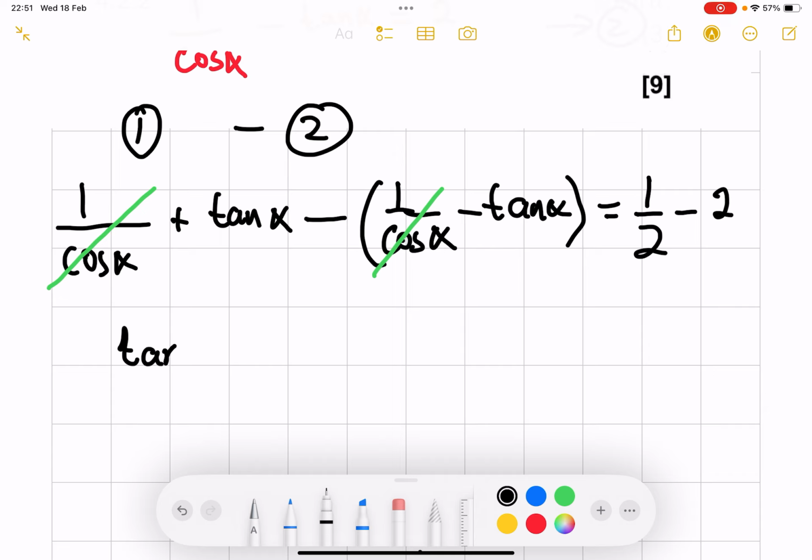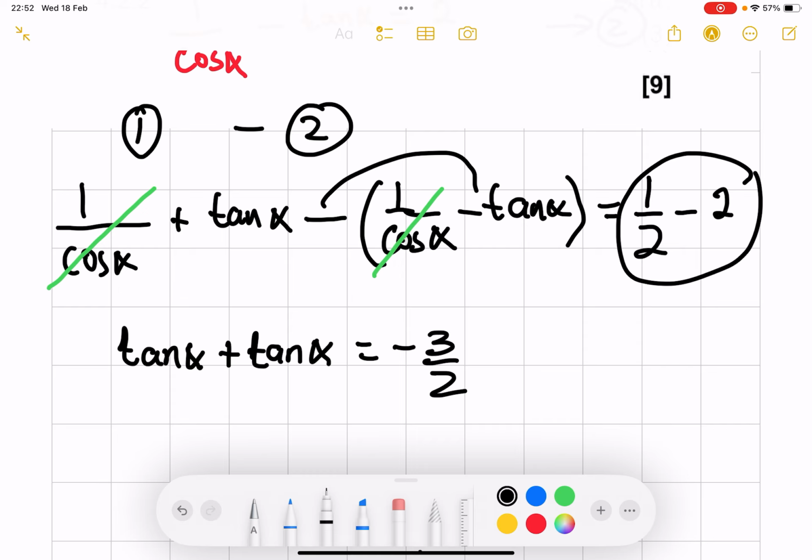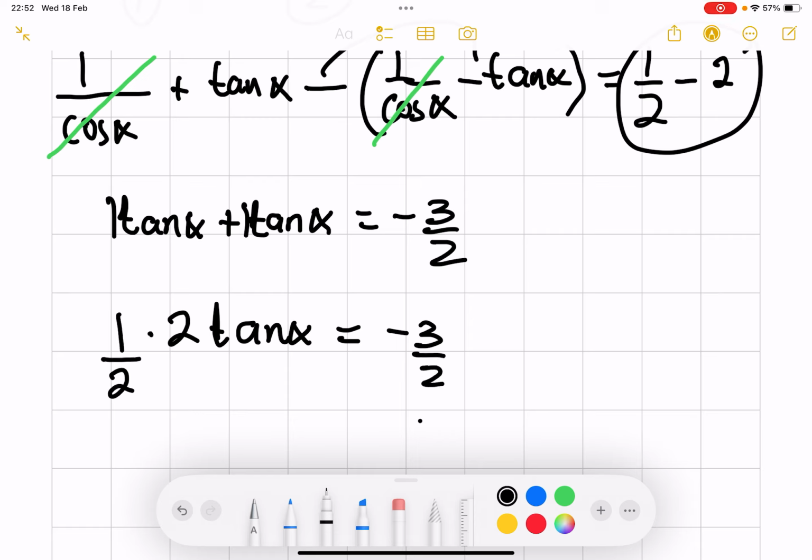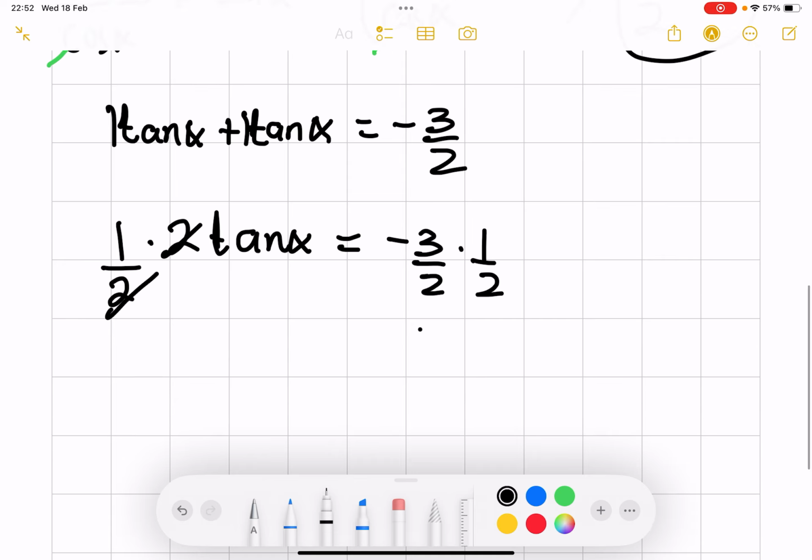Then I'm left with tan alpha. This one and that one will be plus tan alpha, which is equal to negative 3 over 2. When you subtract, it's going to be negative 3 over 2. Then we have 2 tan alpha, because 1 tan alpha plus 1 tan alpha is 2 tan alpha, which is negative 3 over 2. To remove the 2, I'm going to reciprocate it and multiply both sides. So this will cancel that. And then the value of tan alpha is equal to negative 3 over 4.